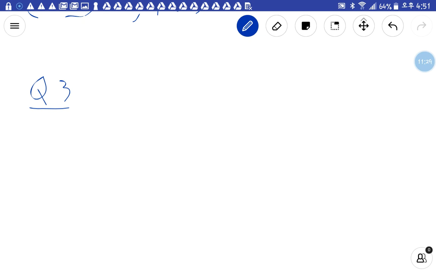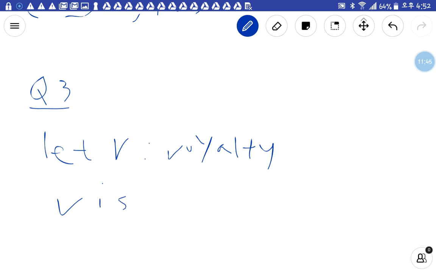Let R be the royalty. It looks like a V, but it is R. R is 5% of $16.99.